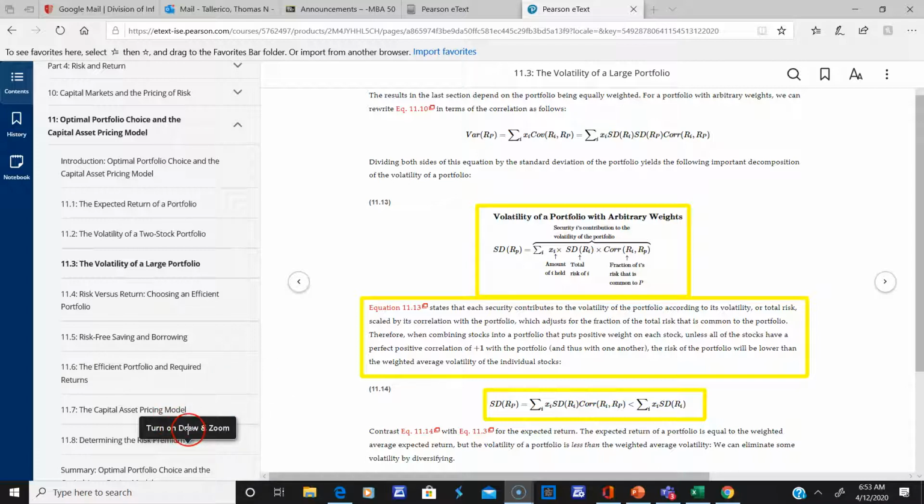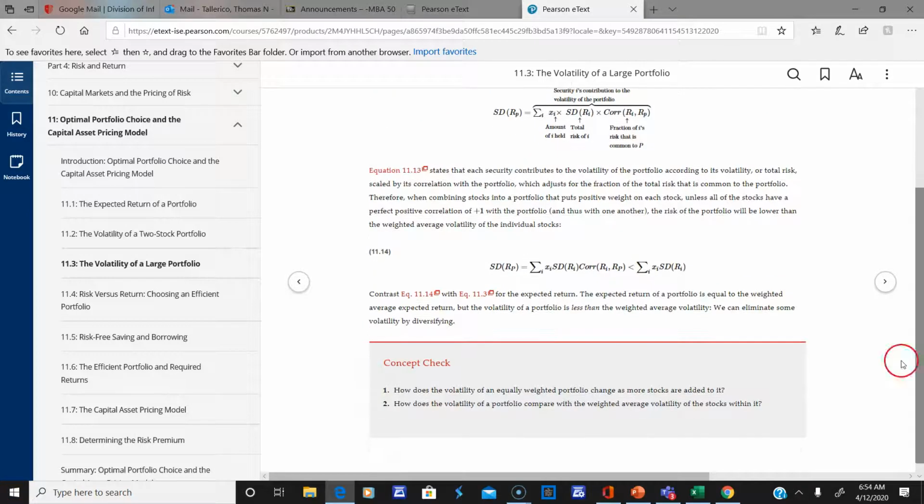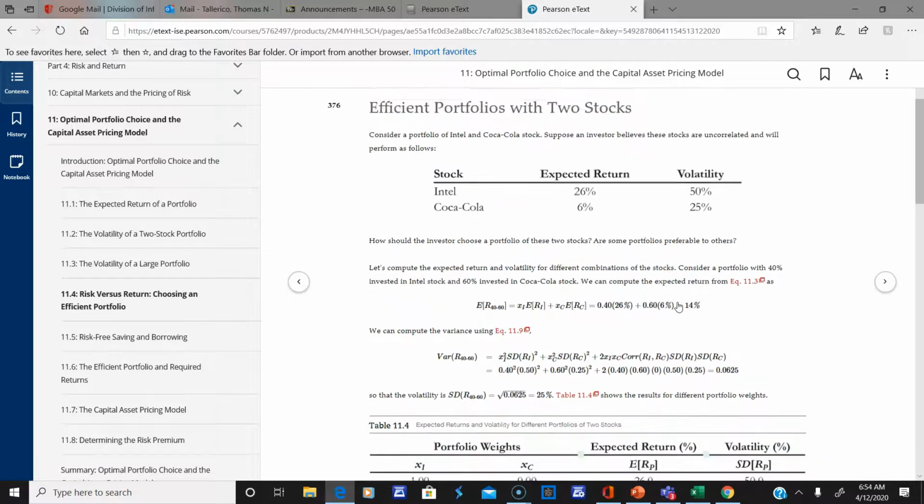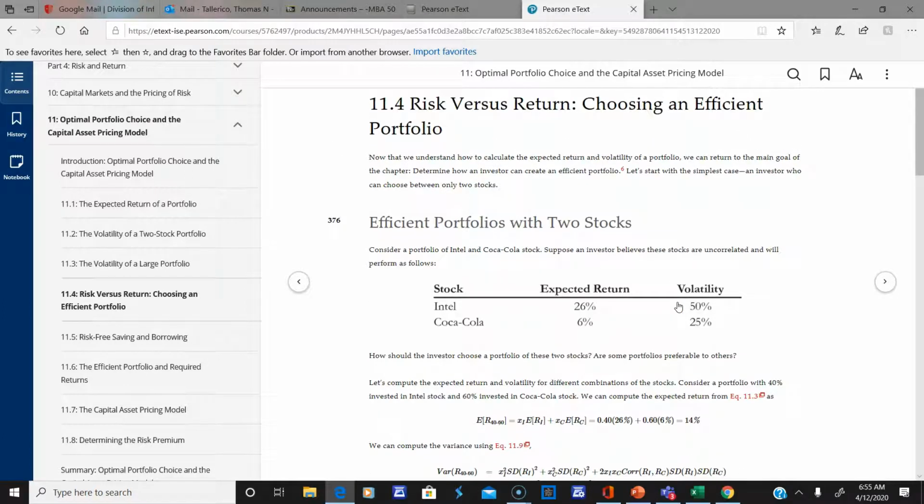Okay, so I want to move on. There's an example here, and we get into this concept called an efficient portfolio.